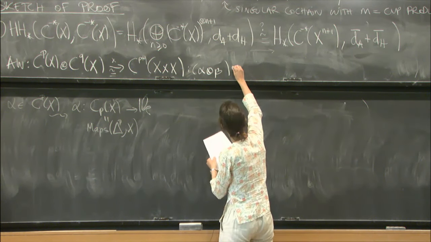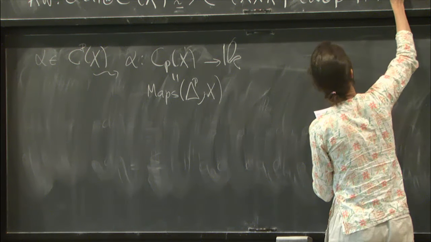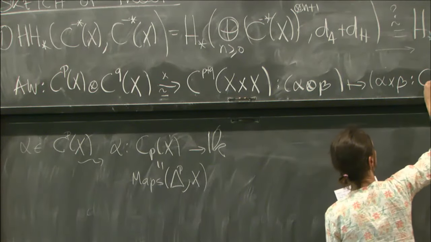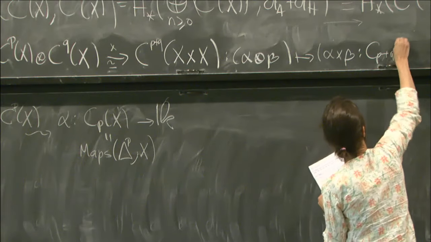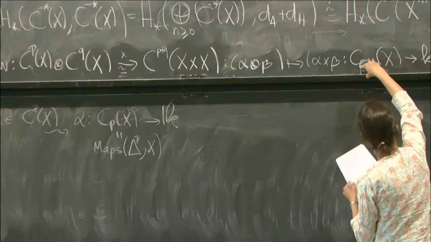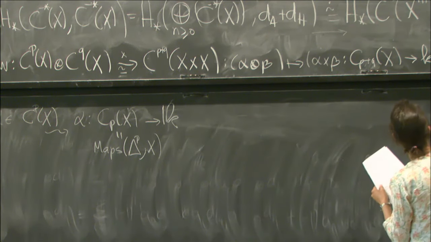And I want to get an alpha cross beta that goes from C_{P+Q} of X to K. So it's a cochain of degree P plus Q now. And what is it going to do?